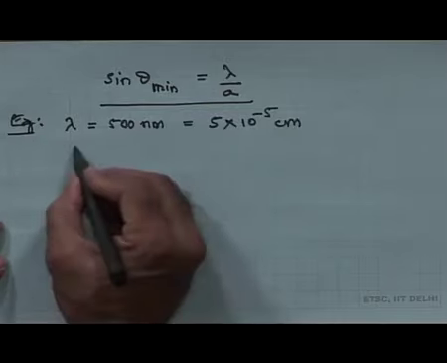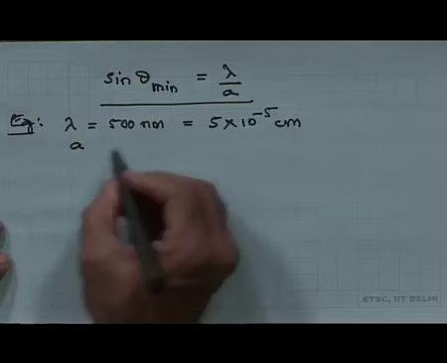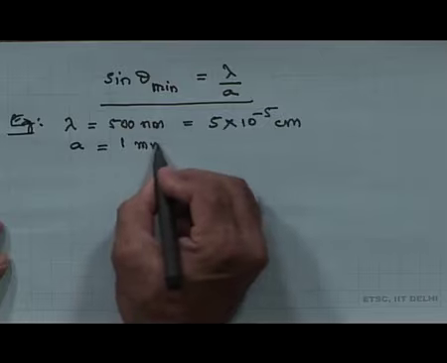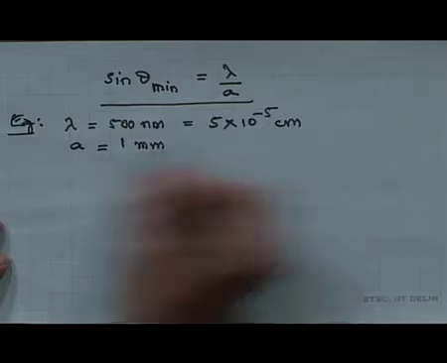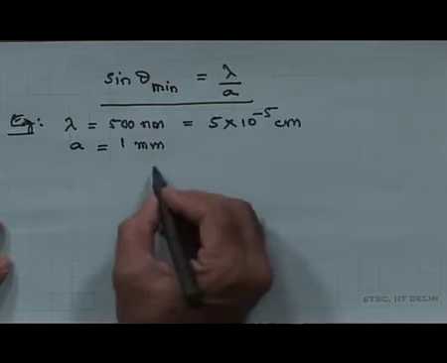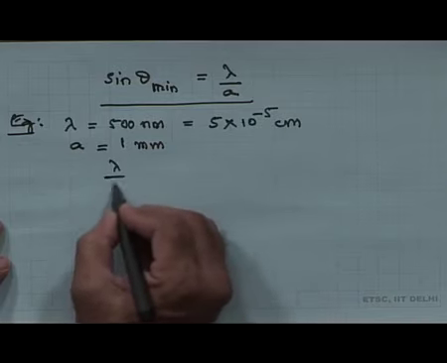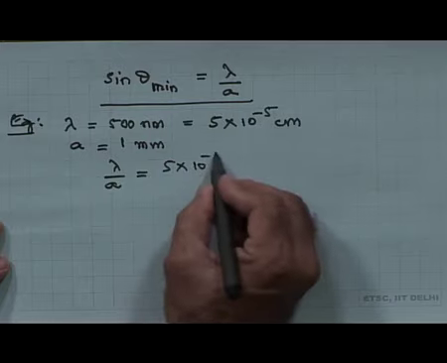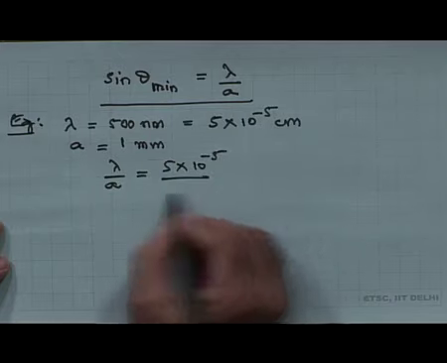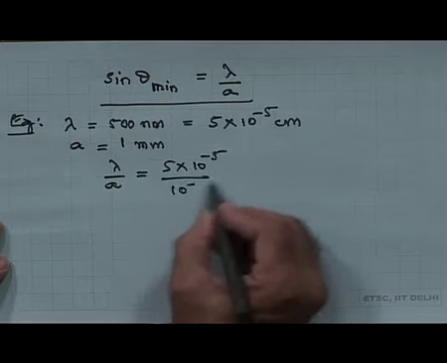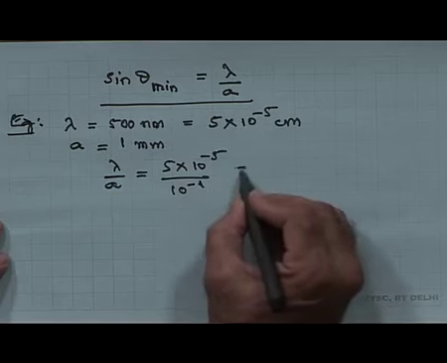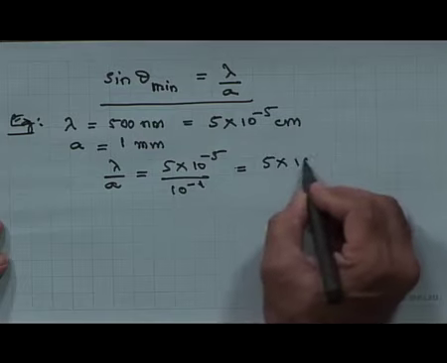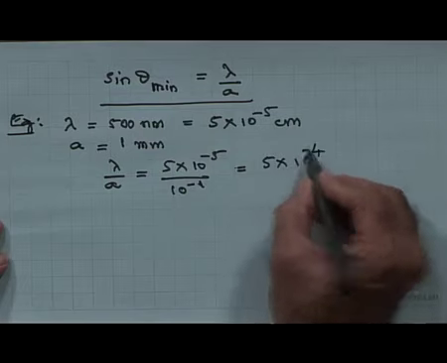Let us say a, the width of the slit, is typically 1 millimeter, for example. Then we have lambda by a equal to 5 into 10 power minus 5 centimeters divided by 10 power minus 1 centimeter, which is equal to 5 into 10 power minus 4 radians.